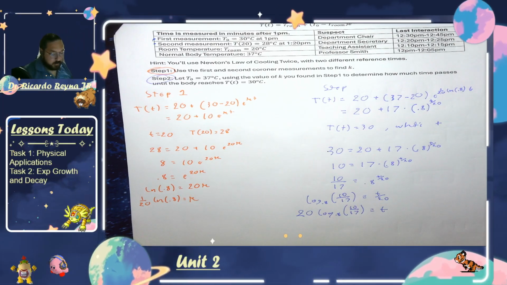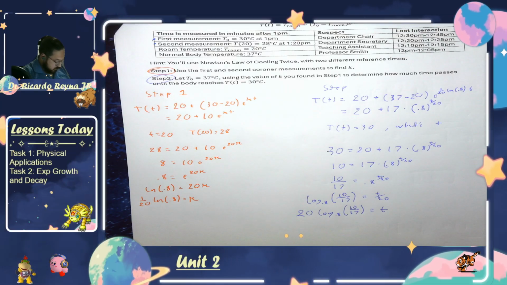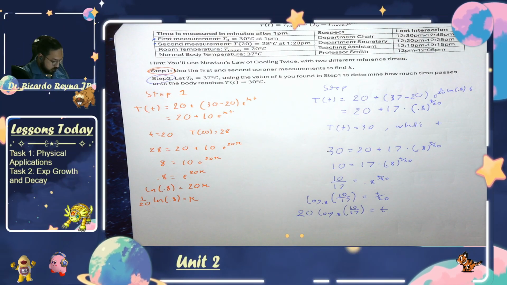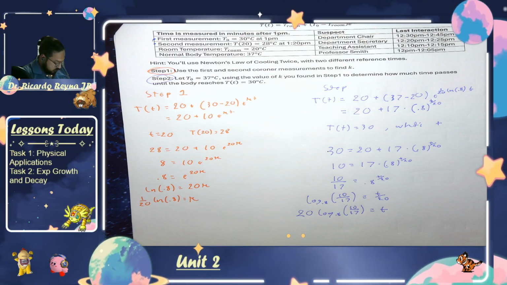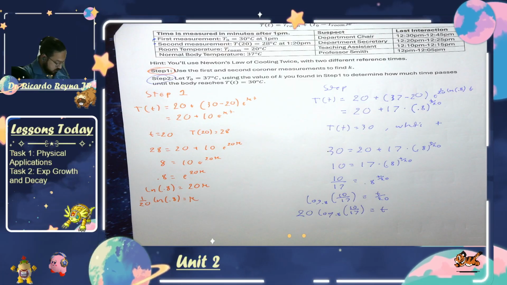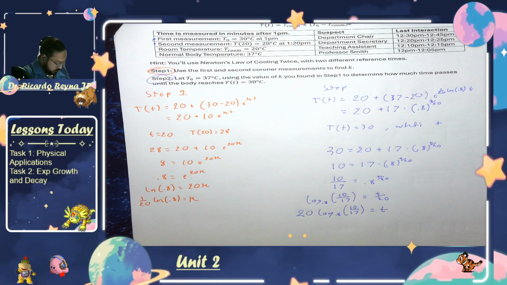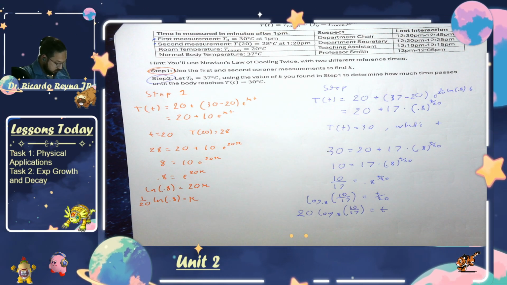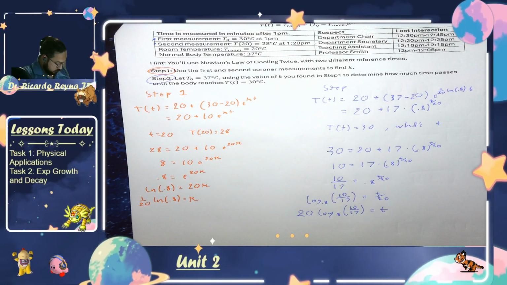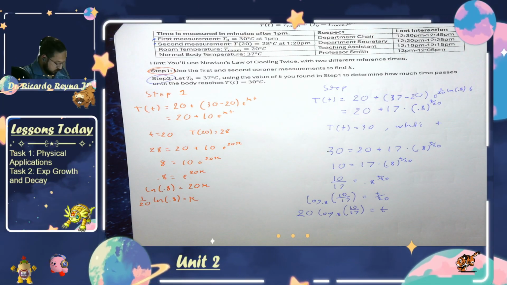And then I need to type this all into the calculator. Let's see. Times log of 10 over 17 by log of 0.8.